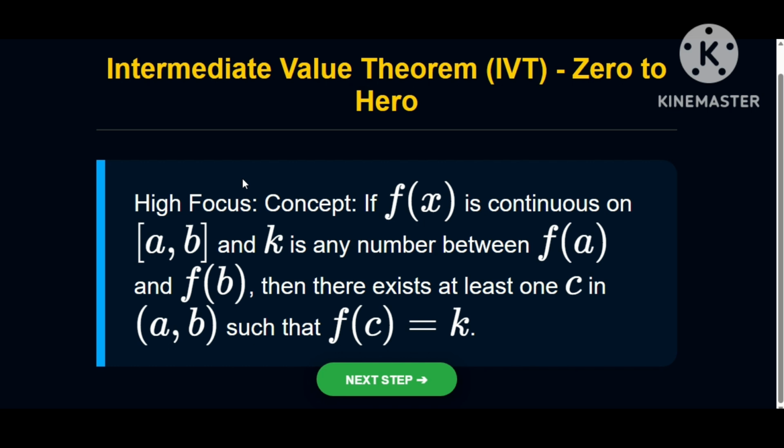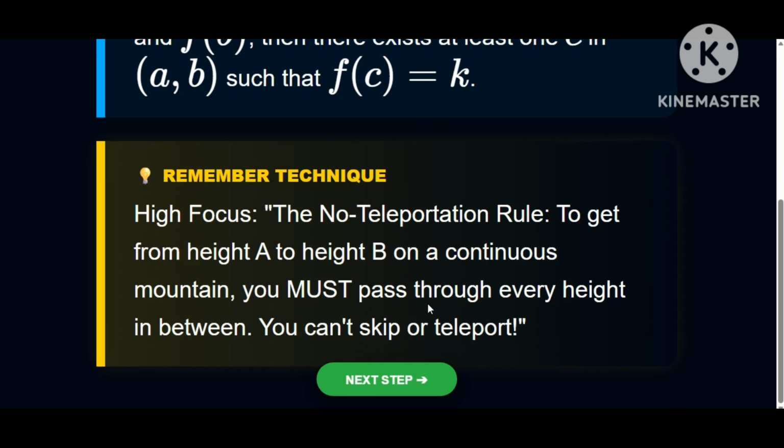There is no confusion. The function f of x is continuous on the closed interval a comma b, and k lies between f of a and f of b. So there is at least one c in the open interval a comma b that satisfies f of c equal to k.